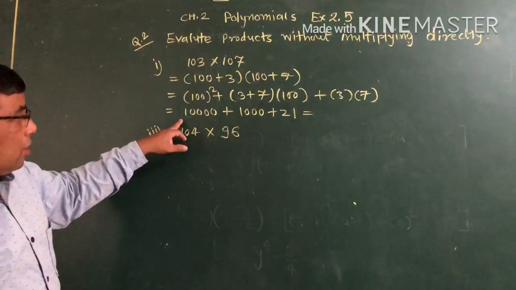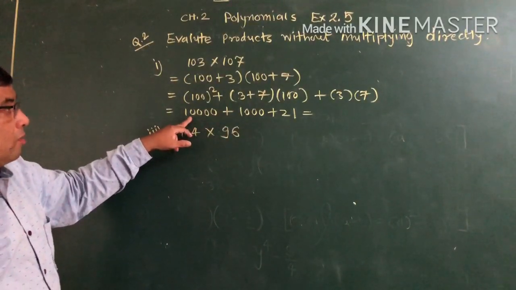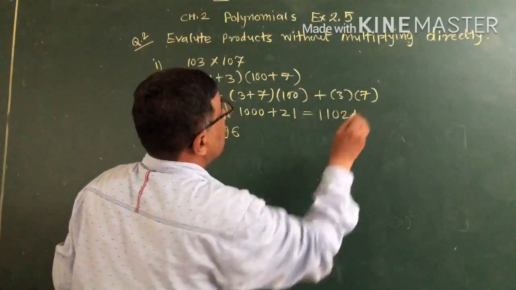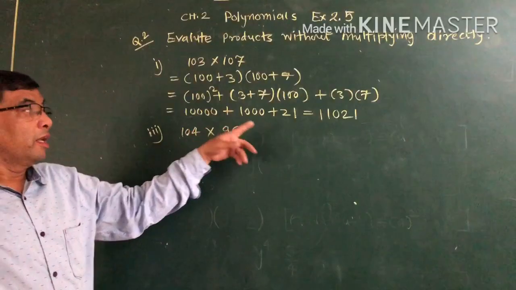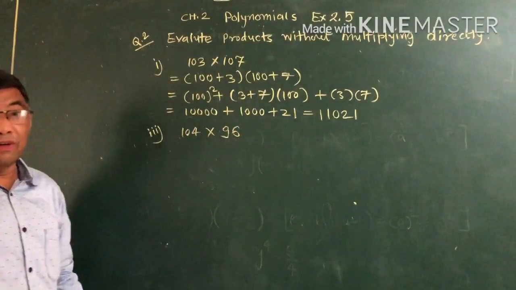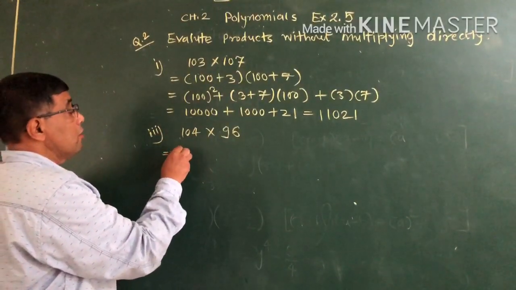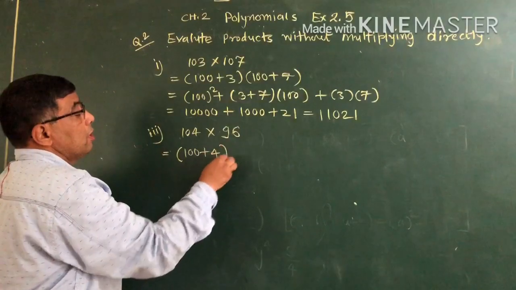So this way we are getting the final answer here, 11021. So this way we get 11,021 as the answer.